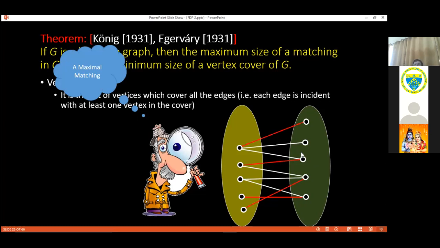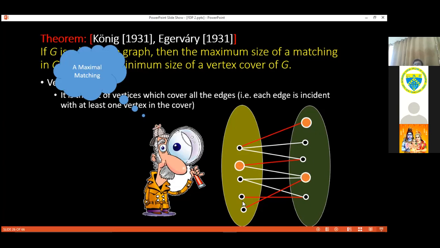A matching is maximal if every edge which is not selected is incident with one of the selected edges in the matching. Then only that matching is maximal. See, any other vertex, red or white, is incident to one of the red edges. Now, for each edge in the matching, you choose one of its end vertices.